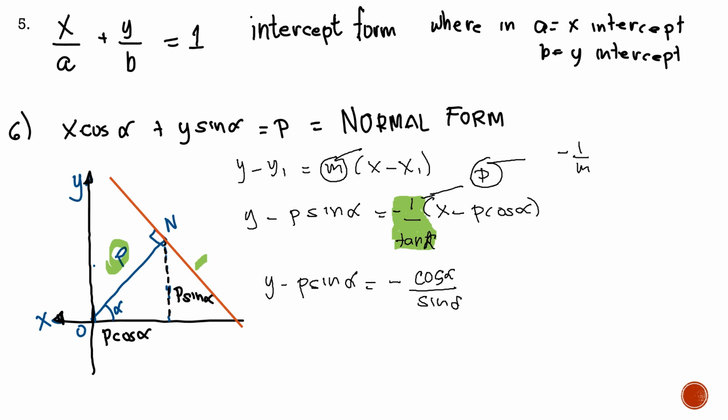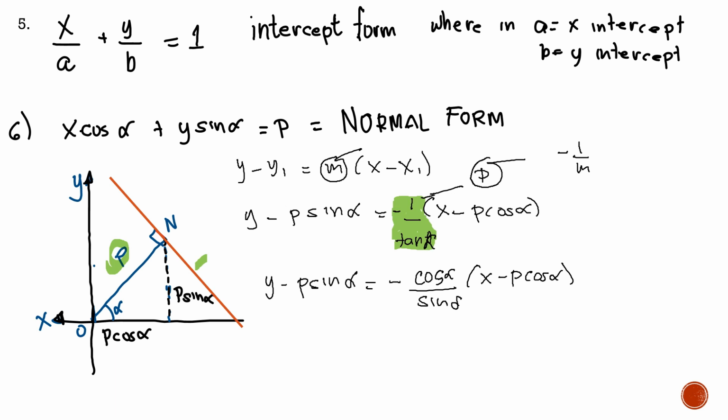Bakit naging ganyan naman? Kasi nga, negative reciprocal ng tangent, okay? Eh, yung tangent, sine over cosine, therefore, cosine over sine times x minus P cosine of alpha.